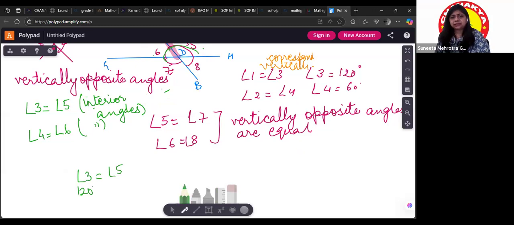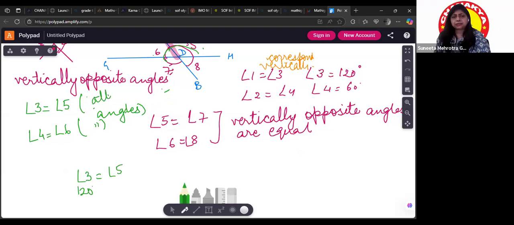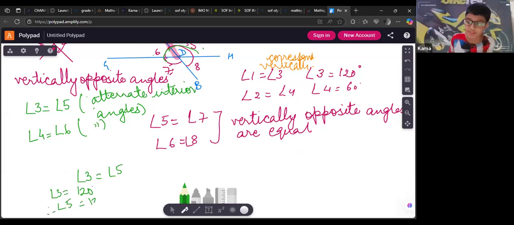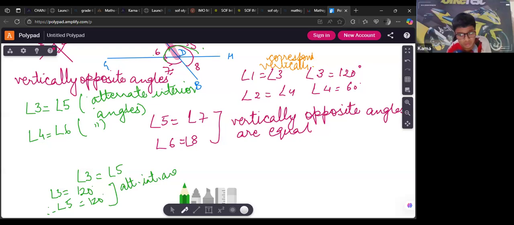It is alternate interior angles. So if angle 3 is equal to 120 degrees, therefore angle 5 is also 120 degrees. Why? You have to tell the reason: alternate interior angles. Okay.